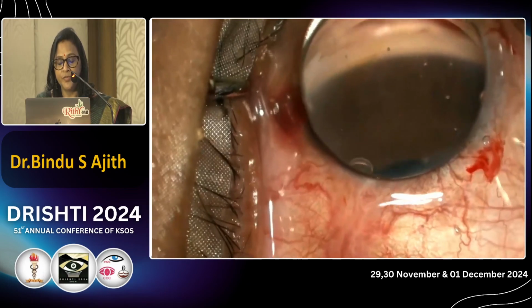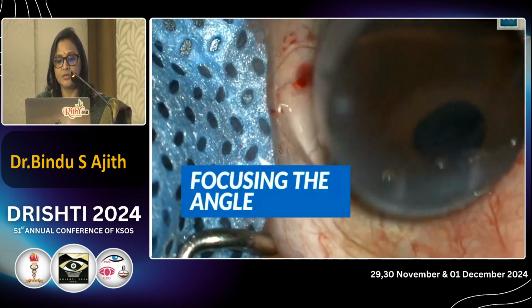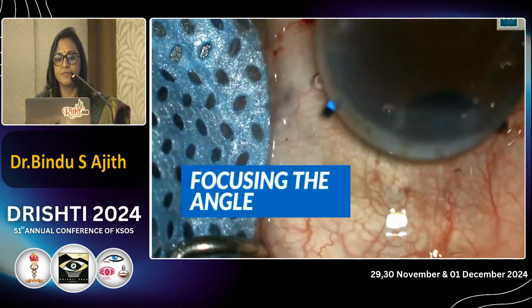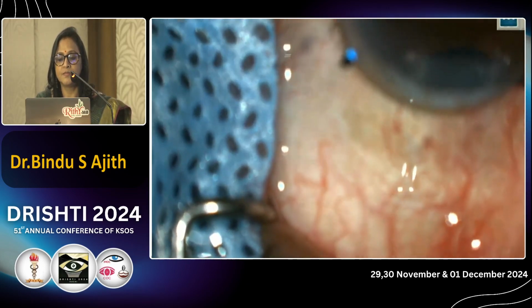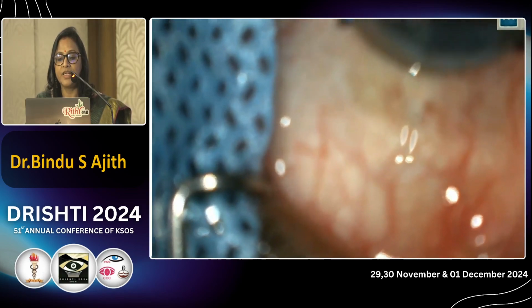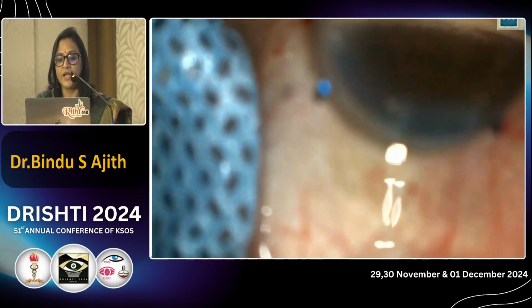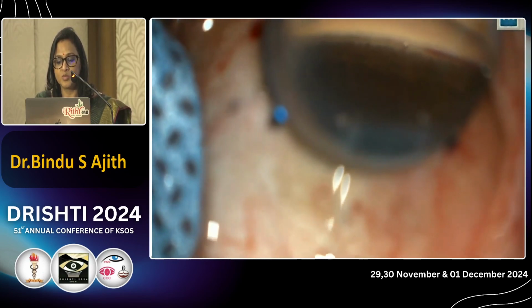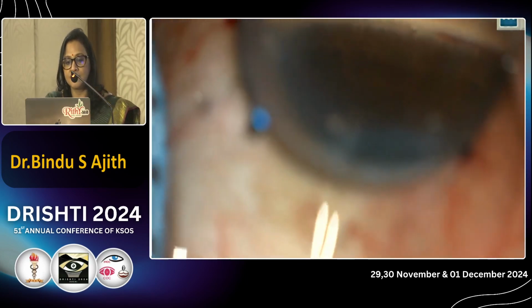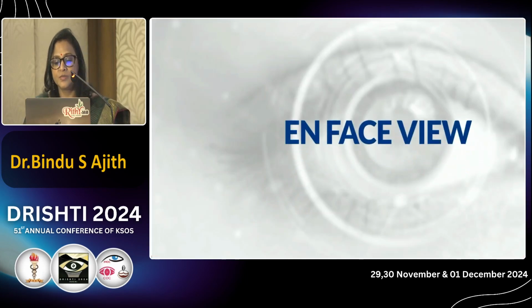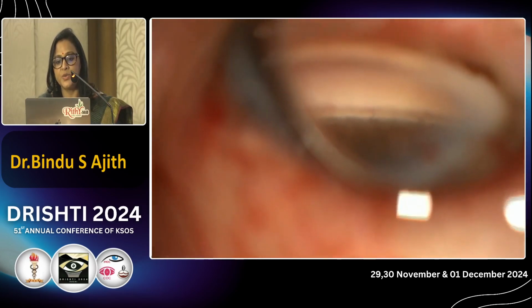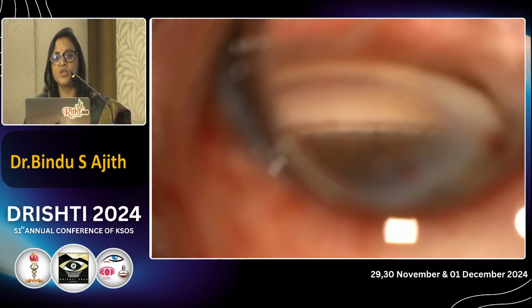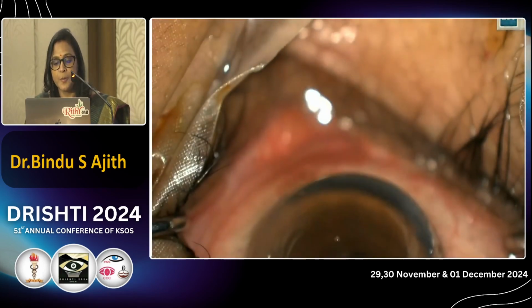Then you keep the gonio lens with your non-dominant hand, and finally adjust to view the angle. You can zoom in and zoom out till you have a clear view. What we want is an end-face view where the angle is looking at you. It becomes easier to visualize and also to do the procedure.